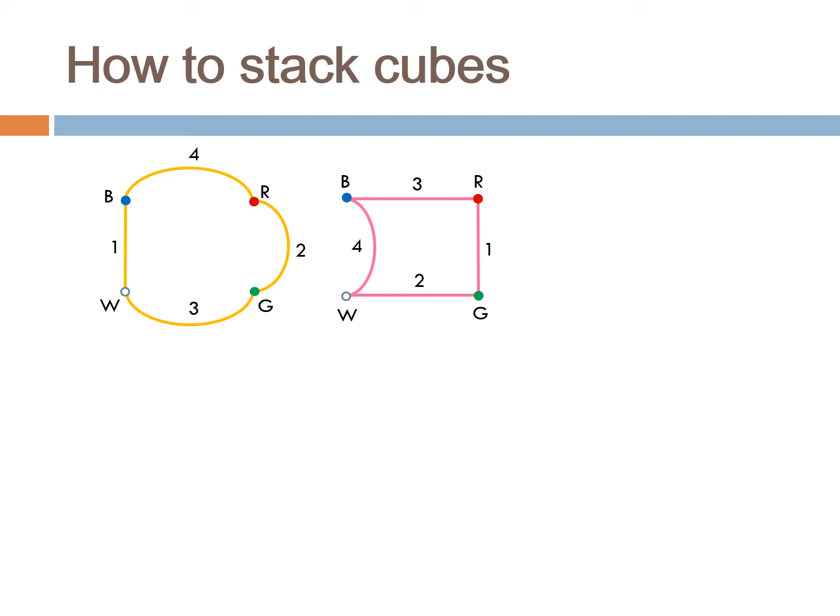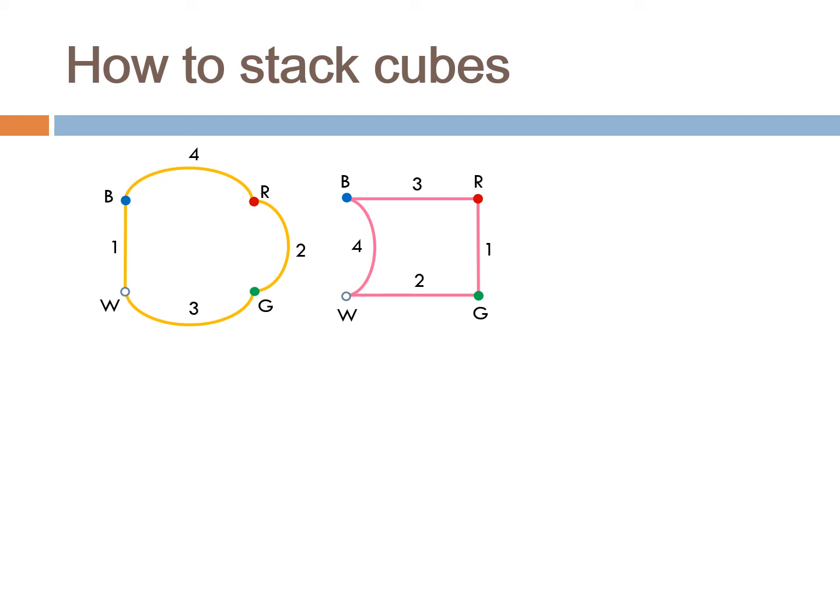The first subgraph, shown in yellow, represents the opposite faces of the cubes in the north-south direction. And the second subgraph, shown in pink, represents the opposite faces of the cubes in the east-west direction.